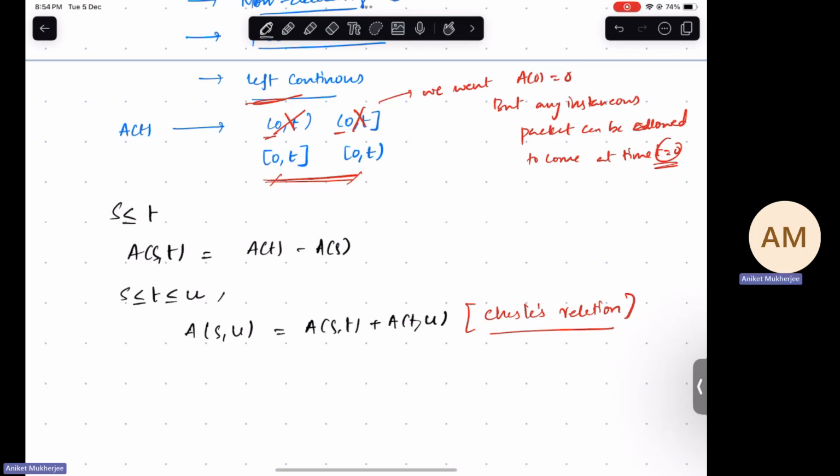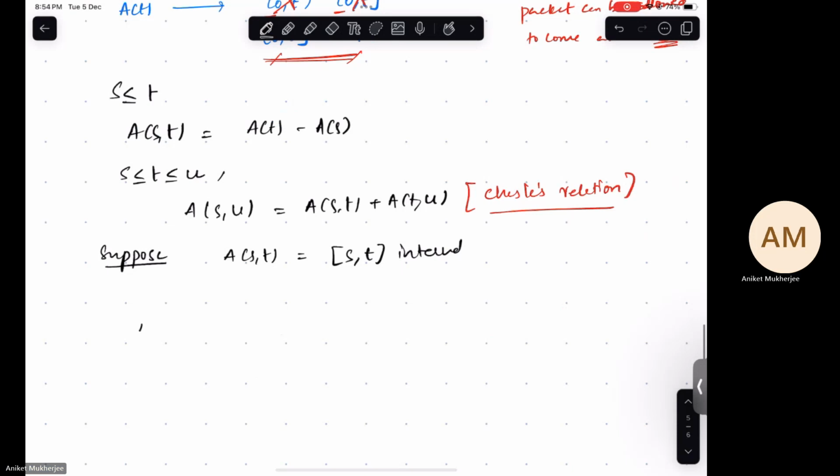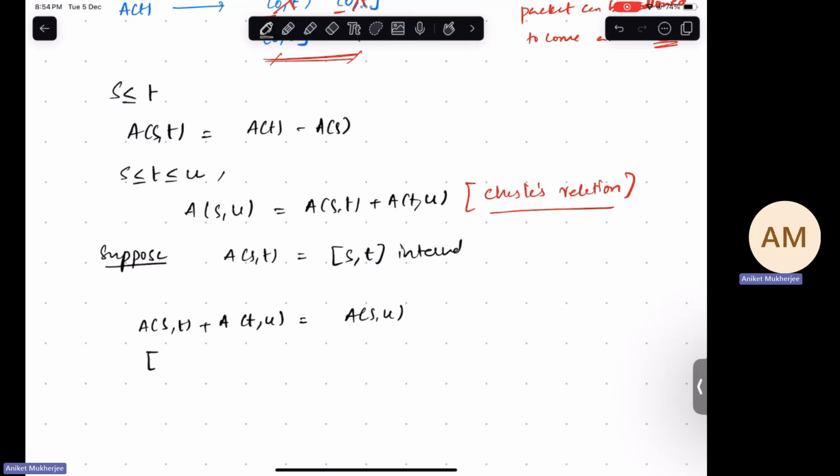Okay, so now suppose we say that A(s,t) is the total amount of data that has arrived in this interval, where both ends are closed, right? Then when you write A(s,t) plus A(t,u), you get A(s,u), yes, but you also count t twice, because you have A(s,t) and again you have t to u.